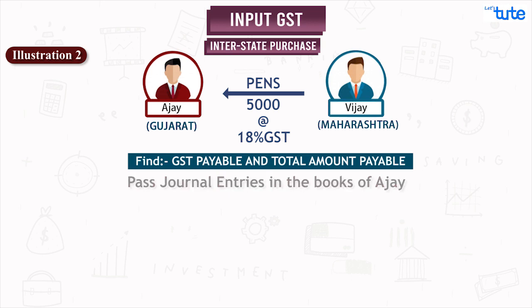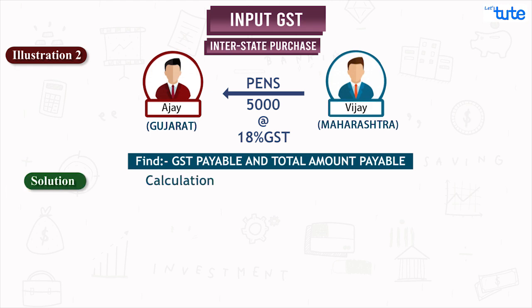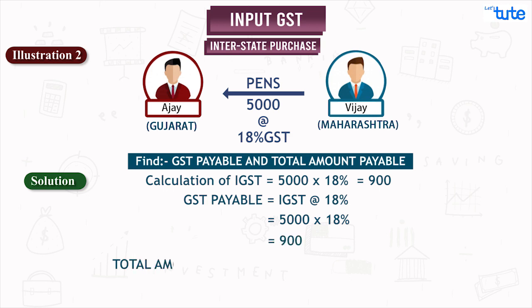Now here, since the goods are purchased from Maharashtra in Gujarat, it is an interstate transaction and IGST will be applicable, which would be 5,000 into 18%, that is 900, and the total amount payable is 5,000 plus 900, that is 5,900. The journal entry for this case will be similar to the previous one.